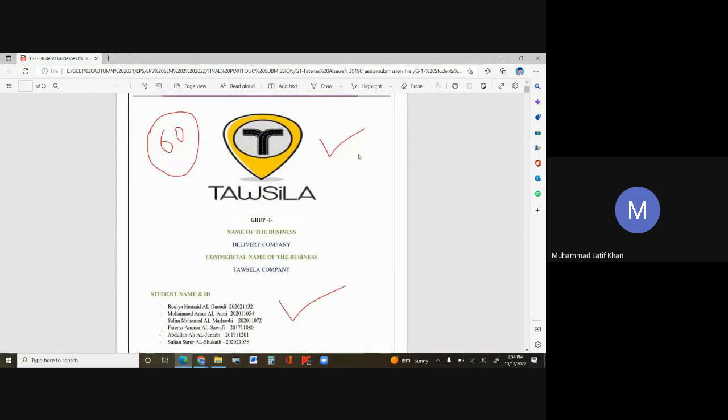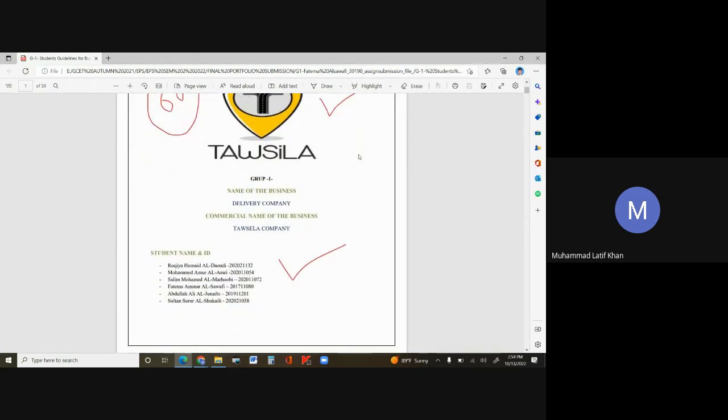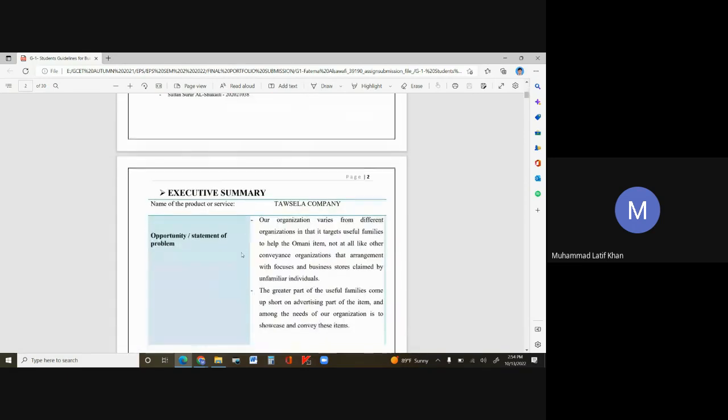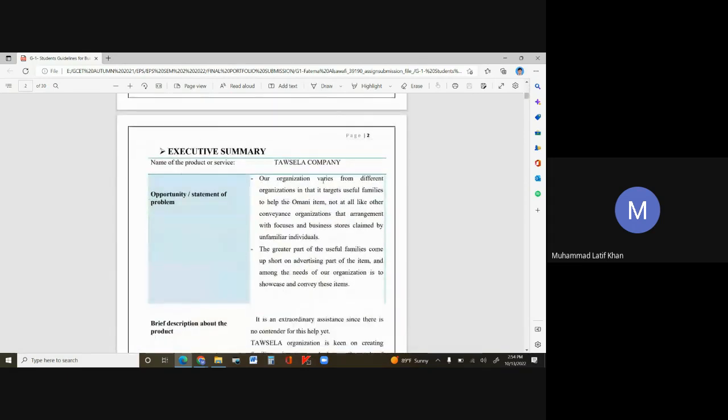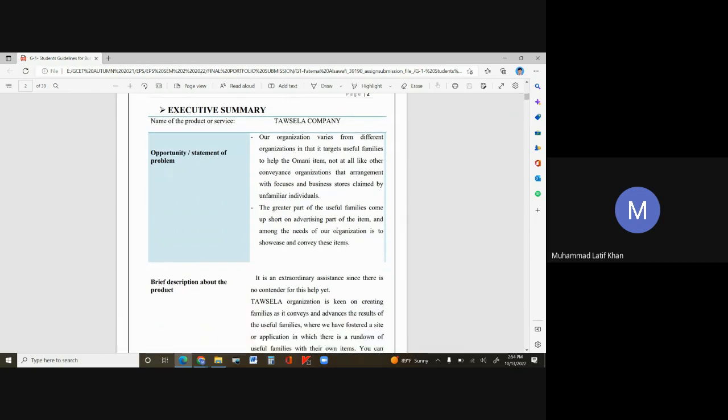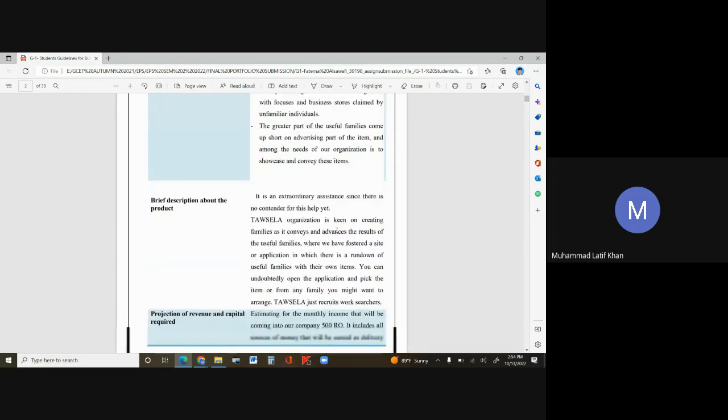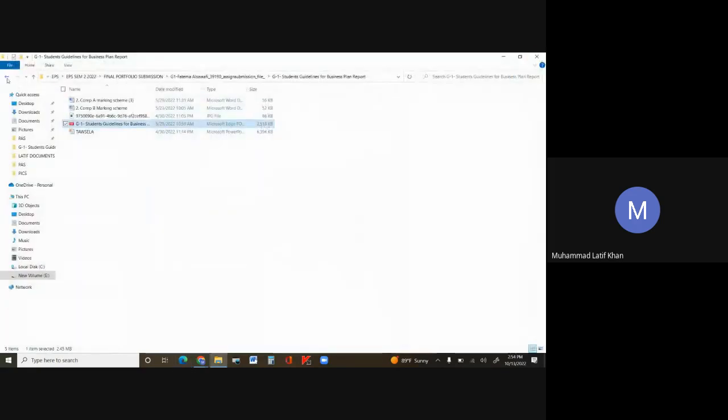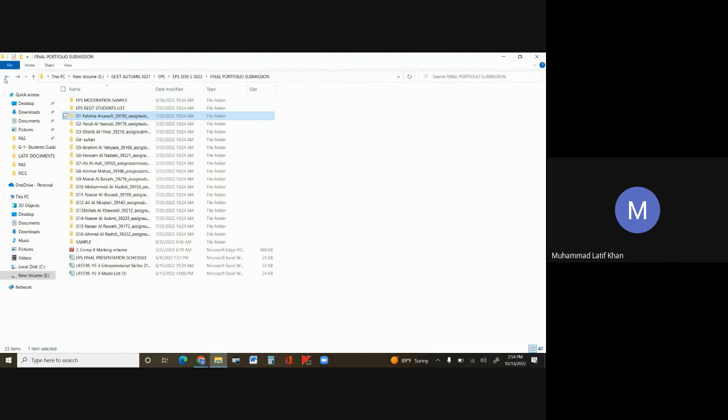Tausila, name of the business, a delivery company, and they have chosen this one. It's a delivery organization that serves families with Omani items, not like other convenience organizations. So this is one. Let's go to another one.